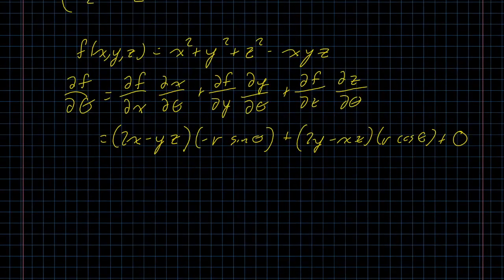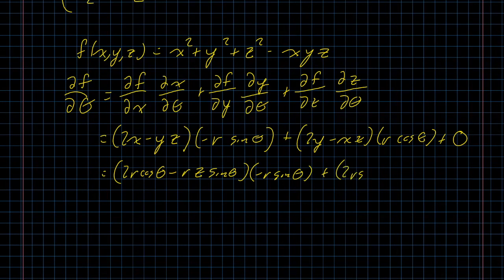Then we have x, y, z's, r's, and thetas all going on. That's too much. So we have to replace x with r times the cosine of theta. We have to replace y with r times the sine of theta. Then we will distribute.